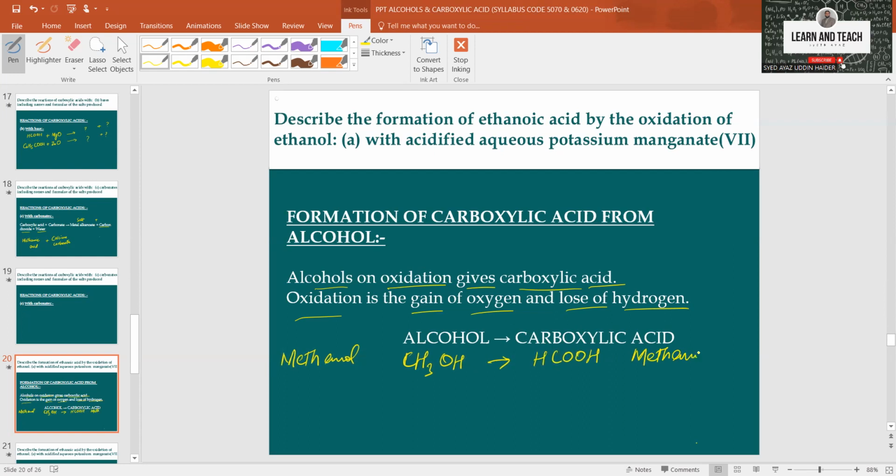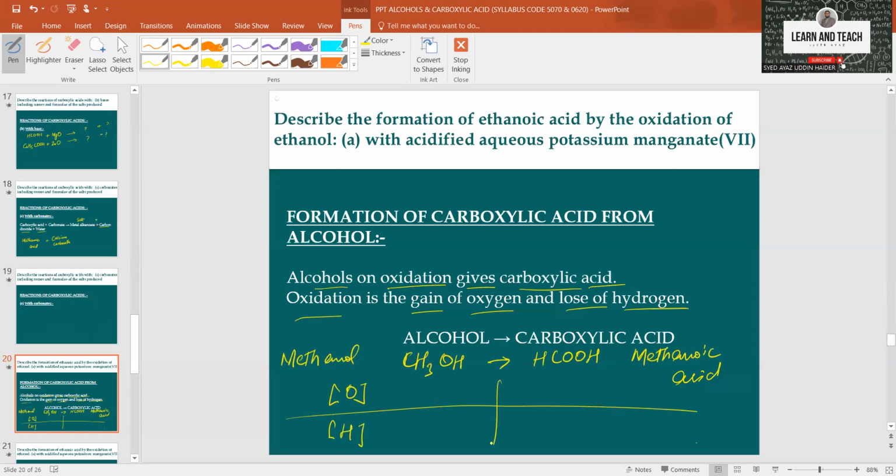Methanoic acid. Now, this is an example of oxidation reaction as there's a gain of oxygen and loss of hydrogen. Let's count the number of oxygen and hydrogen atoms on both sides of the reaction.